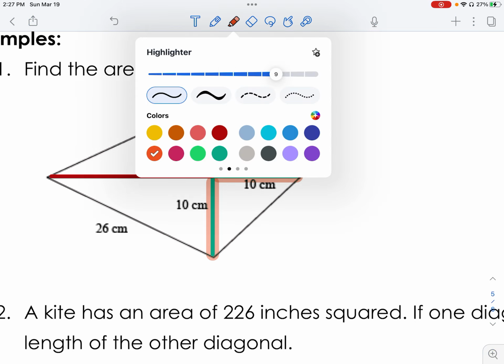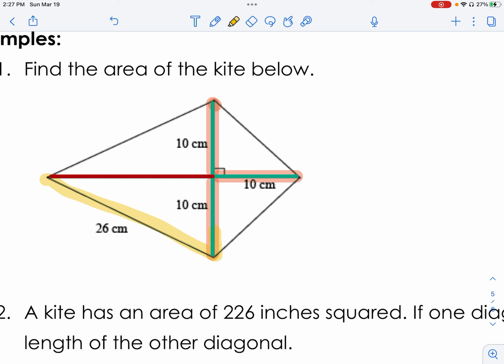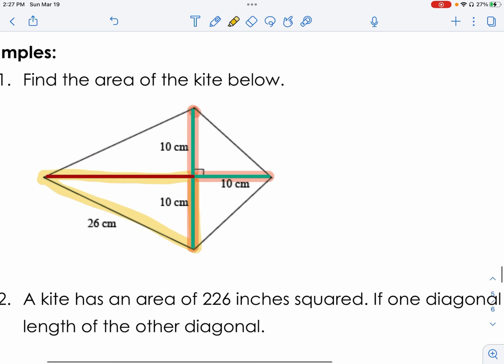But we have a right triangle that we can go ahead and use our buddy Pythagoras' theorem. So when I use Pythagoras' theorem, I get 10 squared plus b squared, which is what we're looking for, equals 26 squared.